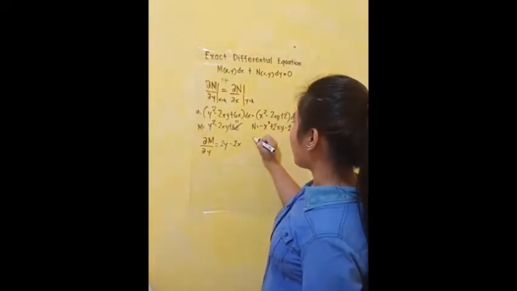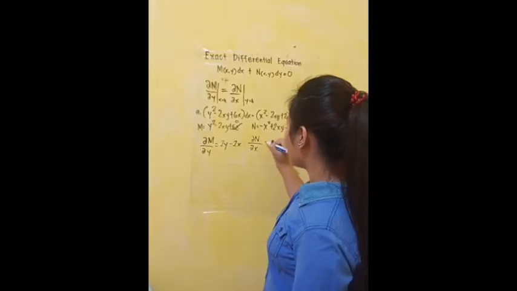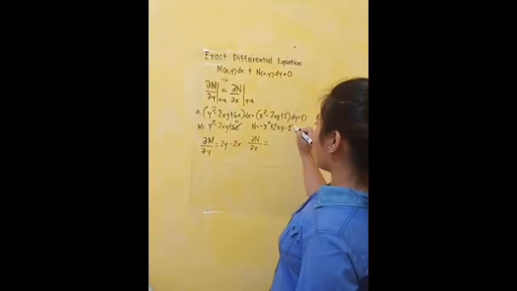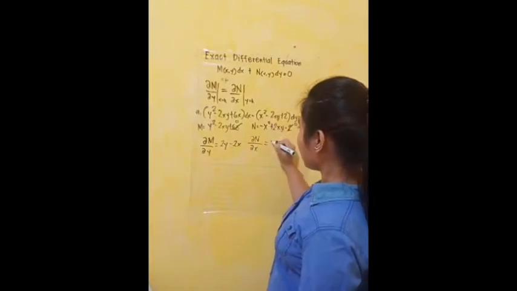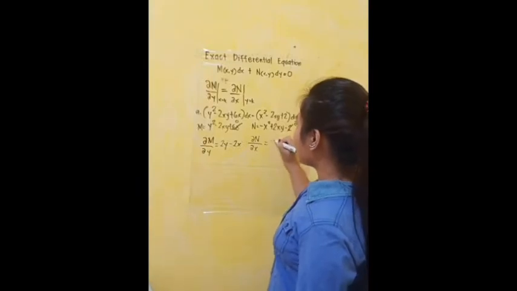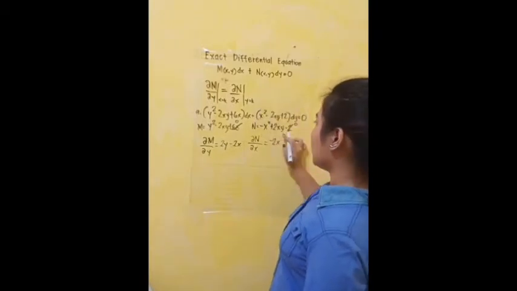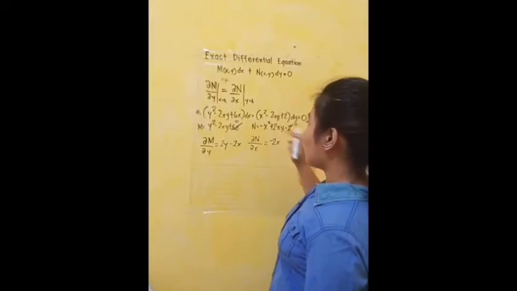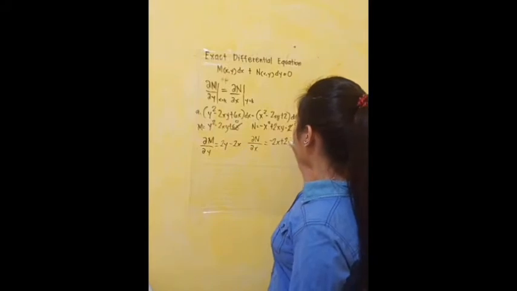So, dito naman sa pagkuha ng partial derivative ng N with respect to x, ito ay constant, magiging 0. Tapos, ang derivative ng negative x squared ay negative 2x. Tapos, dito, kasi di ba, constant yung y dito. So, ang matitira na lang dito, kapag dinerive natin yung 2xy ay positive 2y.